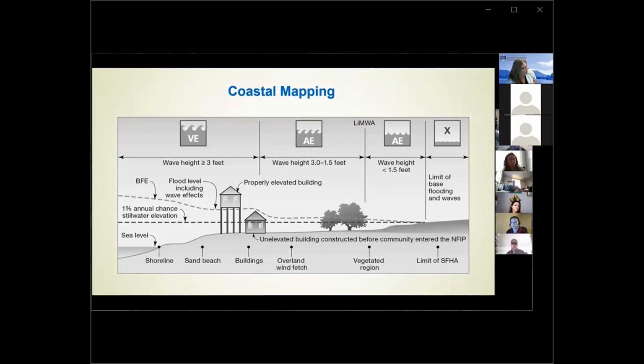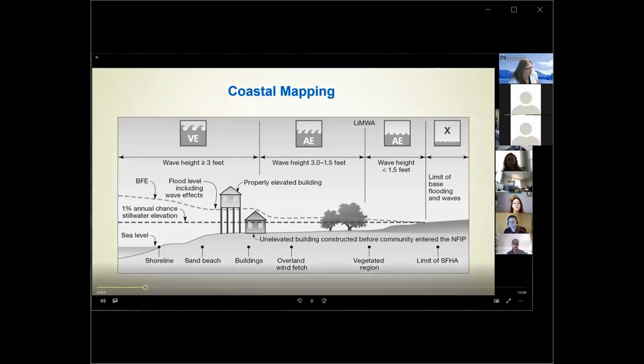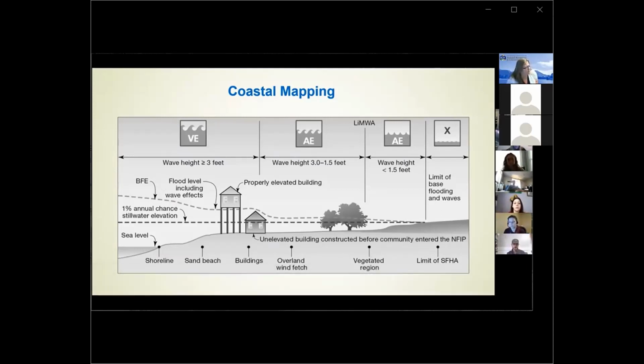So, Erin, anything to add? Mine was a quick and dirty. Yeah, so just about the LIMWAs. Like Maria said, that's a non-regulatory feature. So FEMA requires that we delineate it for new studies to differentiate between those two wave heights of 1.5 feet or above or below. But that's only relevant to building codes and standards. Independent municipalities determine whether or not they adopt those standards in their building codes.